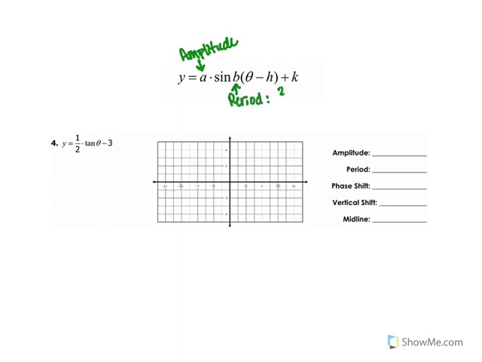And remember that the period is 2 pi over the absolute value of b. So if you have -2 there, it's going to be 2 pi over +2 because it's the absolute value. The H affects the phase shift. And the K affects the vertical shift.